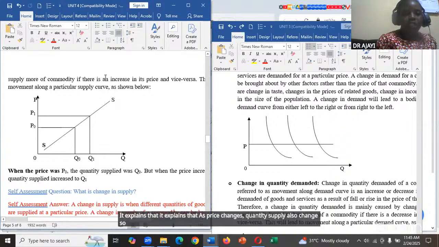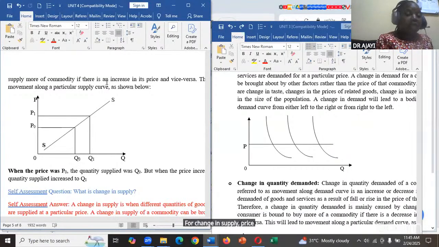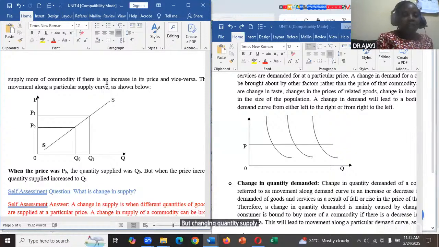So the difference between change in supply and change in quantity supply, you have to note it through the factors that influence them. For change in supply, price remains the same, but there are some other things that could make that supply change. But change in quantity supply is the price that is changing that leads to this change in quantity supply.